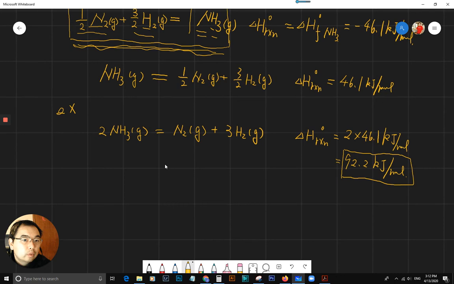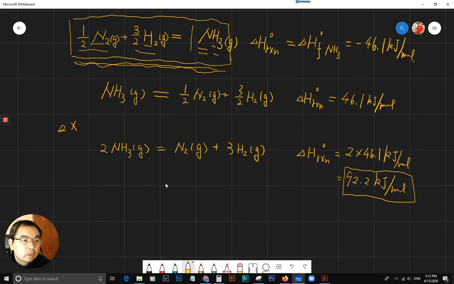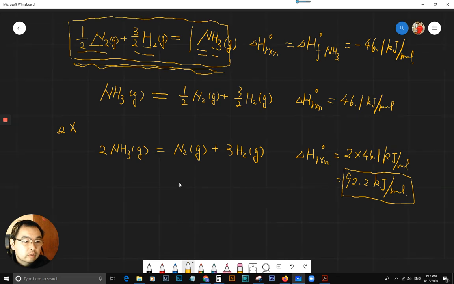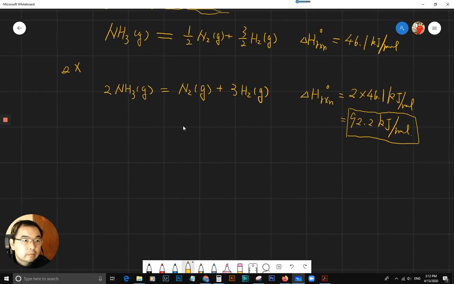At the very beginning we talked about how there are two ways to solve for the enthalpy of the reaction for this equation. This is the one way we solved it. Let's do the second way.